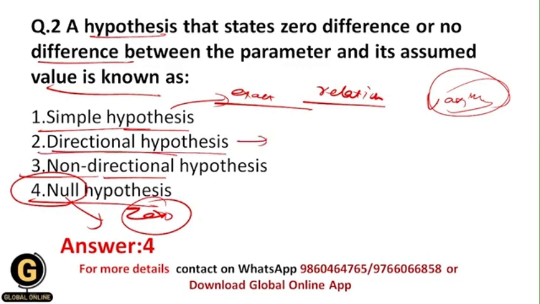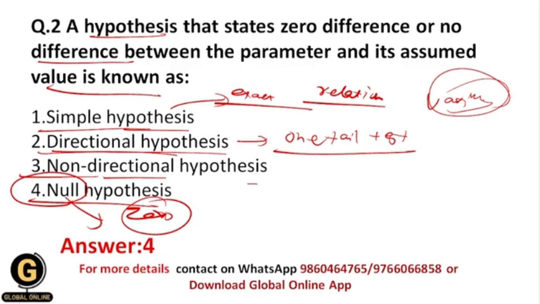Okay, now what is directional hypothesis? So basically a directional hypothesis is the hypothesis which states the result in one direction only. Okay, it has only one direction, and that's why this kind of hypothesis is tested by a one-tail test. Okay, and I think we have seen this test in yesterday's video, so for that you can refer to yesterday's video.